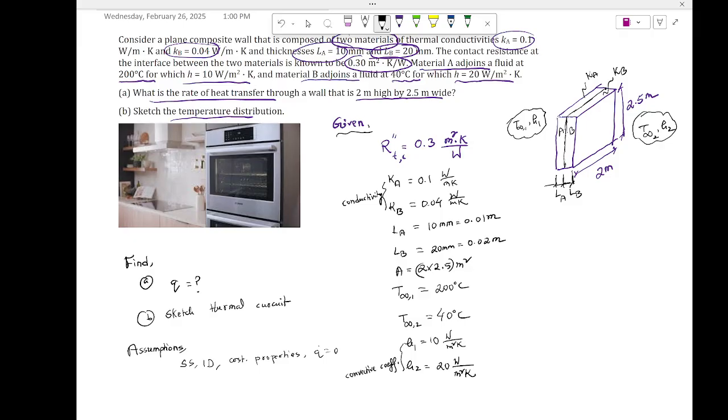Now tell me what is the temperature here? Is it T infinity 1? Is it T infinity 2? So you should be writing T infinity 1, T infinity 2, right? And then this middle one is for the contact resistance, right? So these are decided here. You have this h1 here, h2, right?